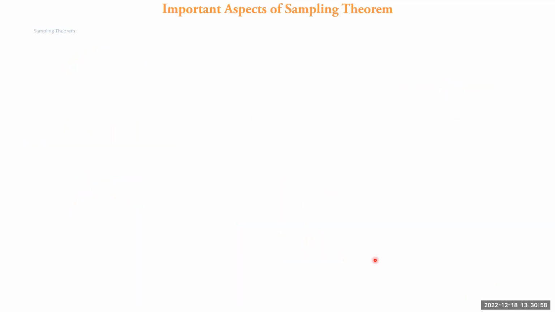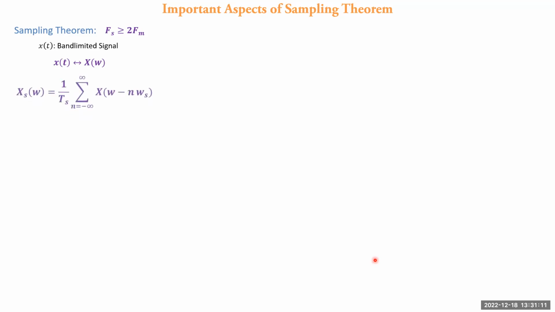Now we'll see the important aspects of the sampling theorem. So in a nutshell, fs should be greater than or equal to twice fm for a band limited signal, assuming x of t is transformable to x of omega. Then the spectrum of the sampled version of the analog signal is nothing but the periodic version of x of omega, which repeats itself at n omega s, where n varies from minus infinity to plus infinity.